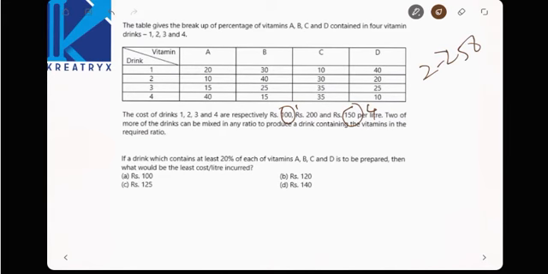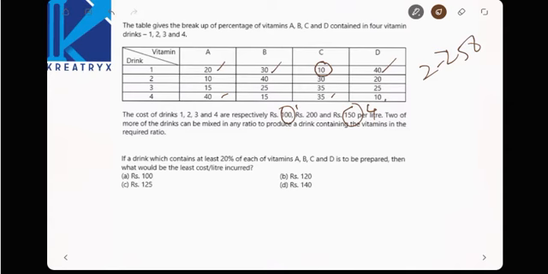Next, see the things here. Drink 1 contains A 20%, okay, B 30%, so at least 20, and D. Only the thing is C, right? And drink 4 contains A at least 20, B doesn't meet the standards, and C is meeting the standards, and D is not meeting the standards.